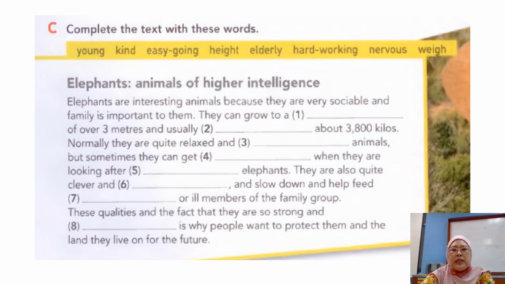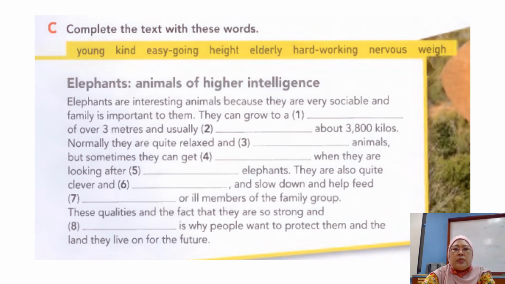Now let's go to the last exercise on page 8. Complete the text with these words: young, kind, easygoing, height, elderly, hardworking, nervous, and way. Elephants, animals of higher intelligence. Elephants are interesting animals because they are very sociable and family is important to them.